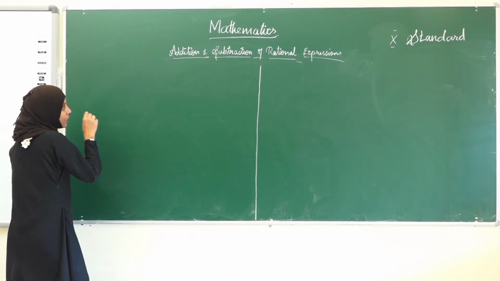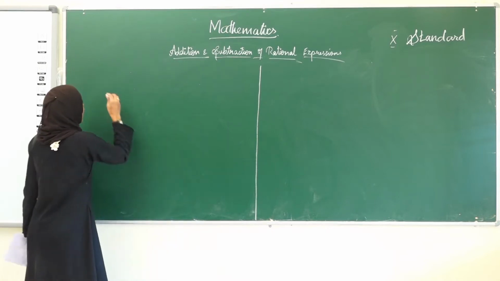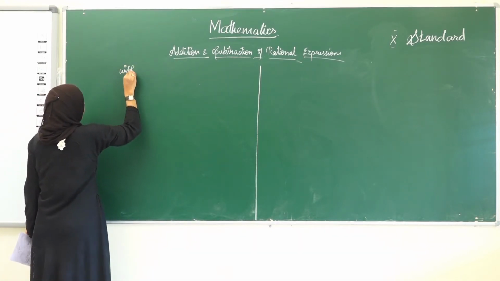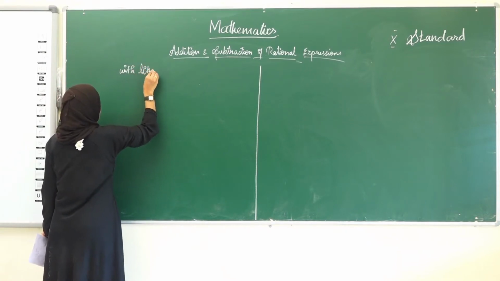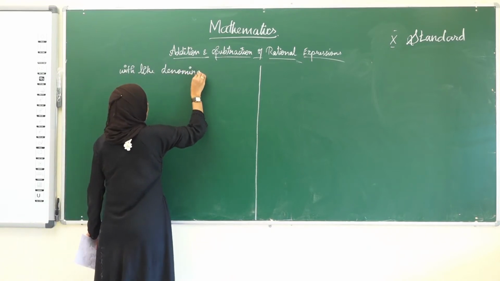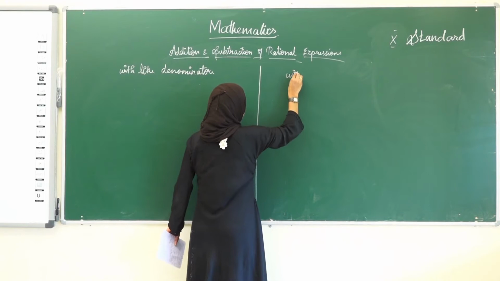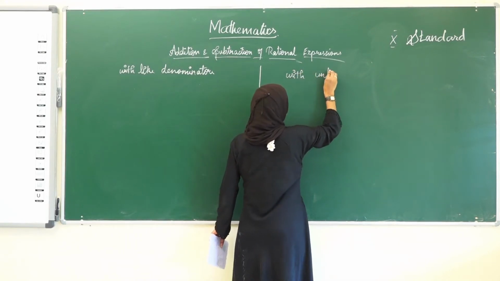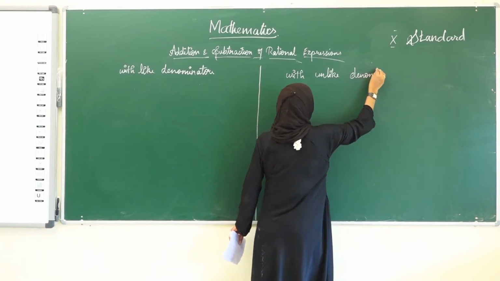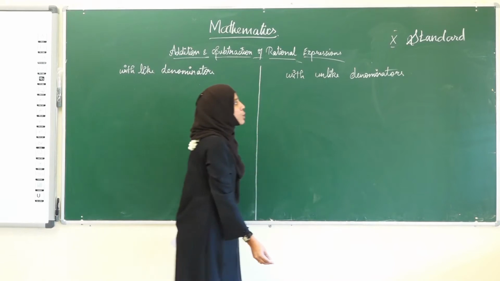In this addition and subtraction we have two types: addition and subtraction of rational expressions with like denominators, and with unlike denominators. Let me explain how we are going to solve both.